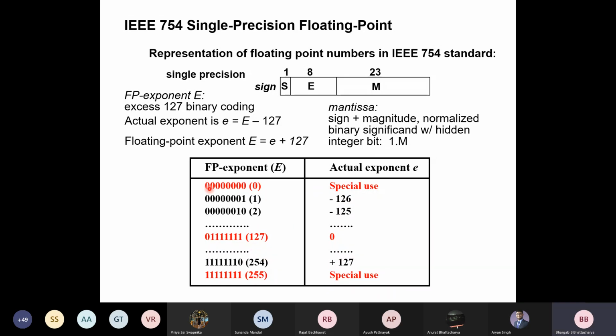However, the least value of the exponent and the highest value of the exponent are reserved for some special use. So the usable values of the actual exponent run from minus 126 to plus 127. In the floating point exponent, you just add 127. It is an excess 127 bias. So whatever value of the actual exponent you have, you add 127, and you get the floating point exponent.